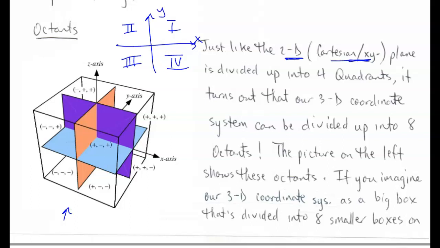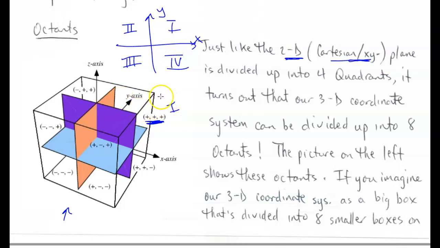Now, out of all of these, the main thing that we need to know is that each of these regions within this 3D space, each octant, has its own profile as far as what the points look like that are in it. The only octant that is sort of set in stone, as in, hey, you label this octant this way, is octant number 1. And that's the one where the X, Y, and Z coordinates are all positive.